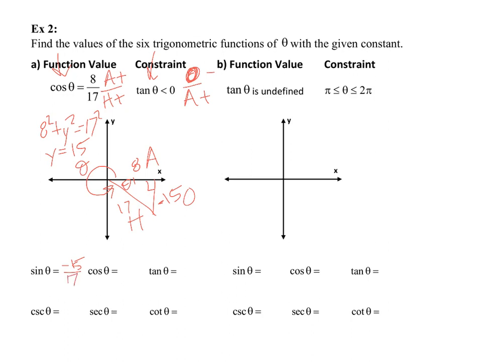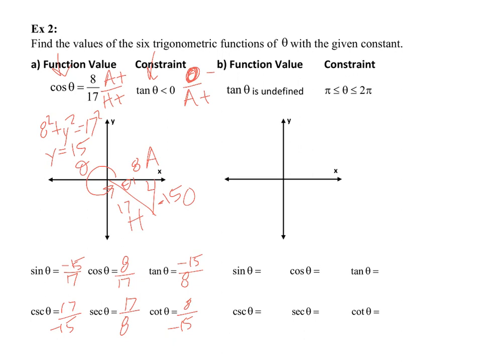Adjacent is 8, hypotenuse is 17, and tangent is opposite over adjacent. To get the other trig functions, I simply take the reciprocal. So I have 17 over negative 15, 17 over 8, and 8 over negative 15. That's all there is to it.